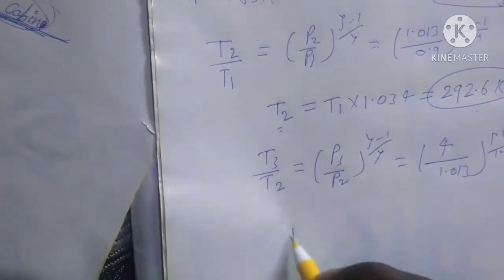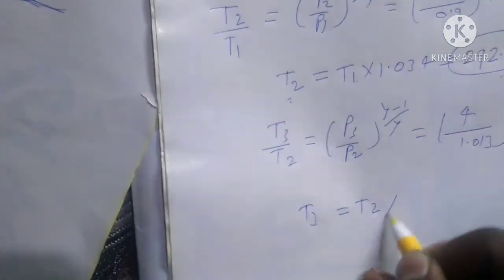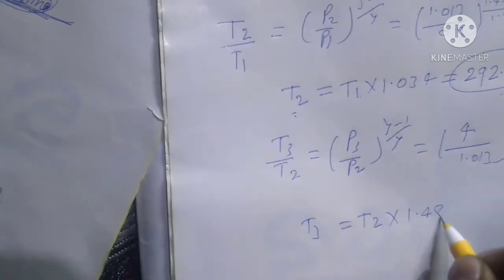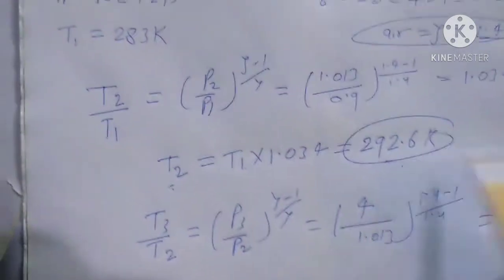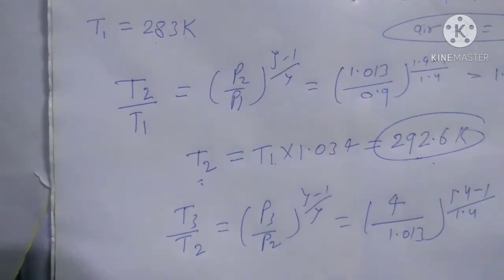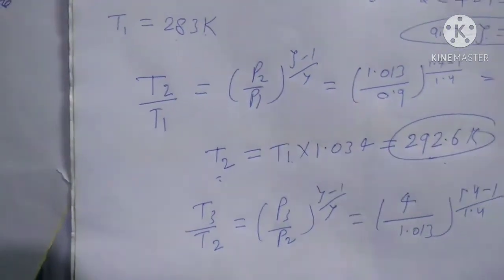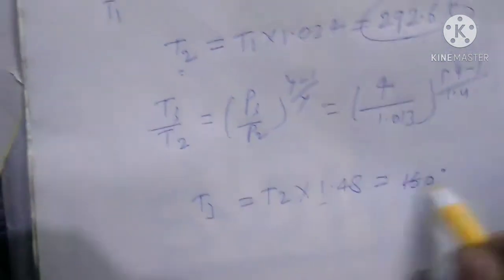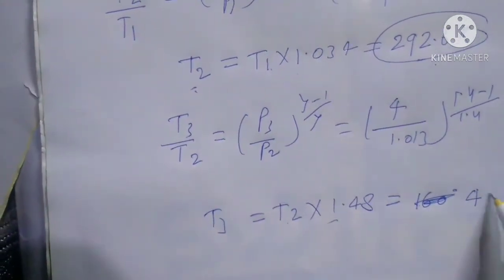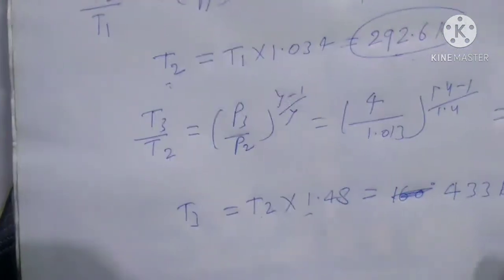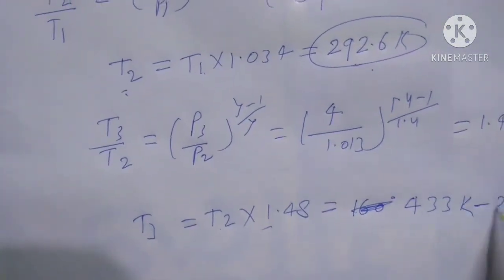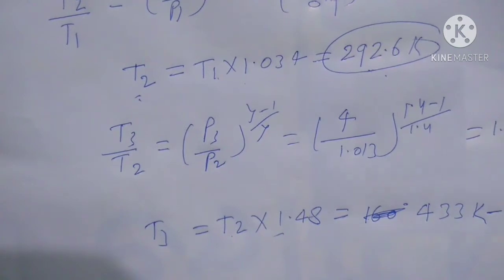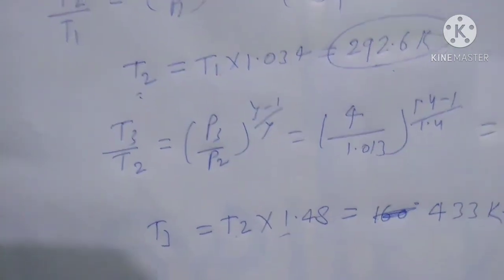And then T3 equals T2 multiplied by 1.48, and T2 is 292.6. After calculation you find 433 Kelvin. If you calculate in degree Celsius, subtract 273 and you find 160 degree Celsius.